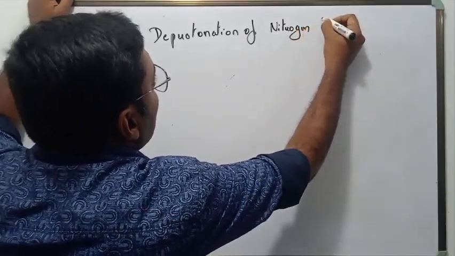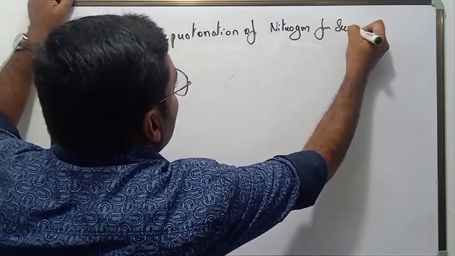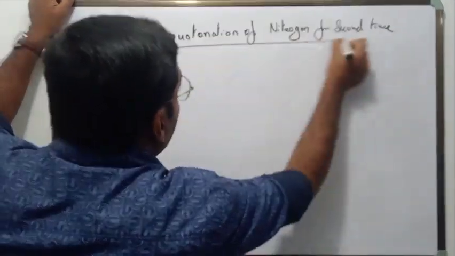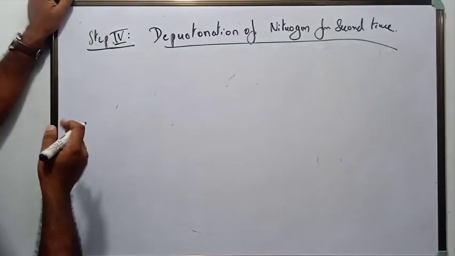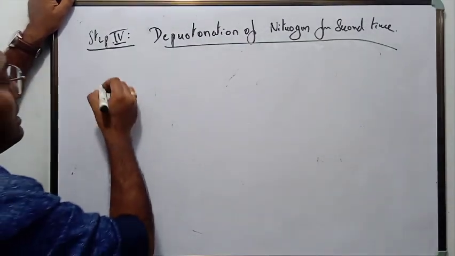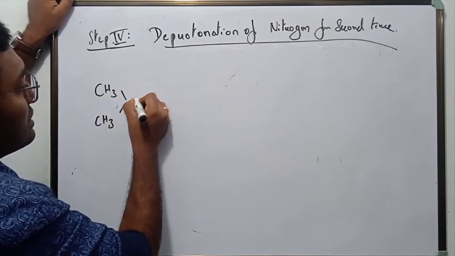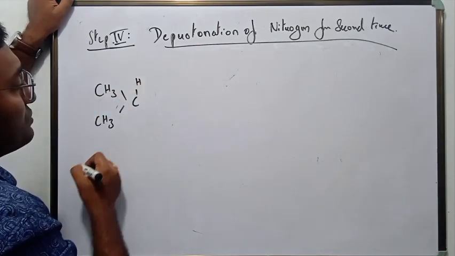There is another hydrogen atom attached to the terminal nitrogen. Now that will be knocked out. Let us see what we are trying to say. So this is the product of step number 3.